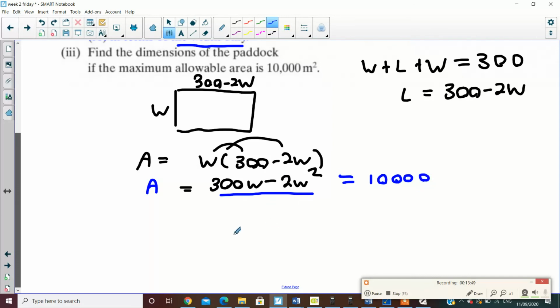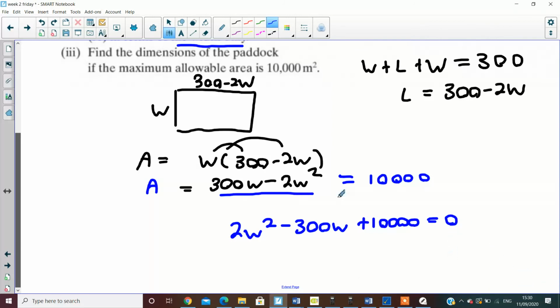Bring it all to one equation. 2W squared minus 300W plus 10,000 equals 0. You may want to consider the minus B formula. Might be your quicker way out here. A equals 2, B equals minus 300, minus B equals plus 300, C equals 10,000.